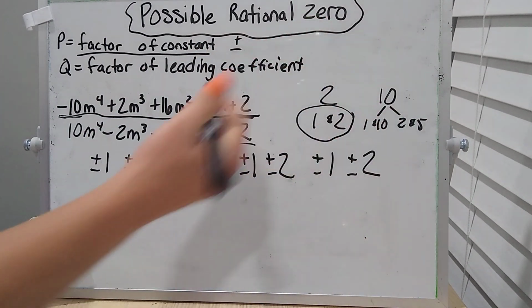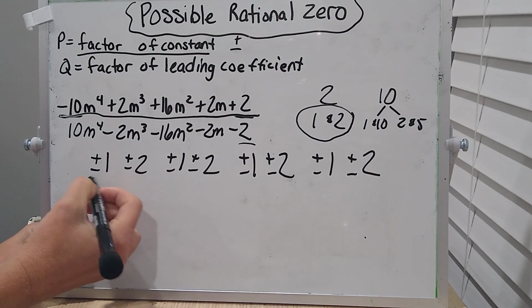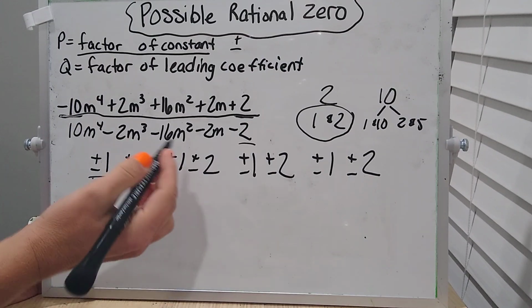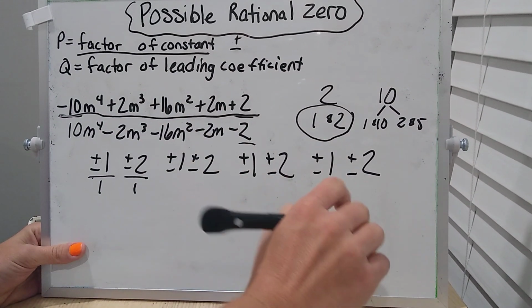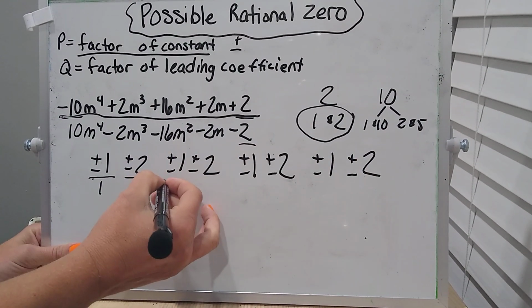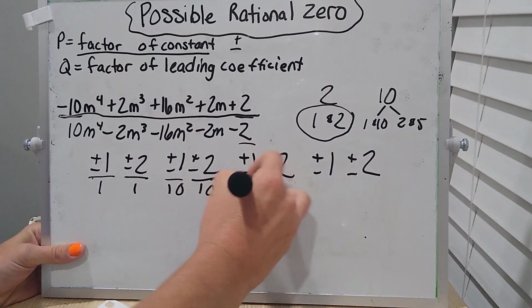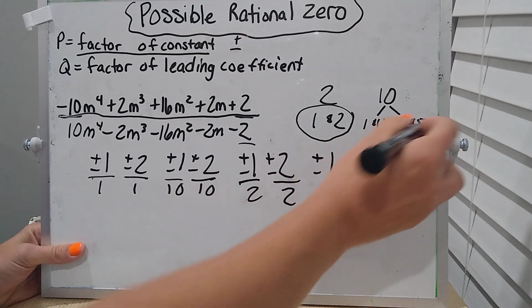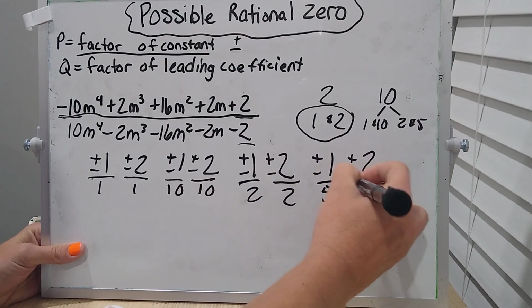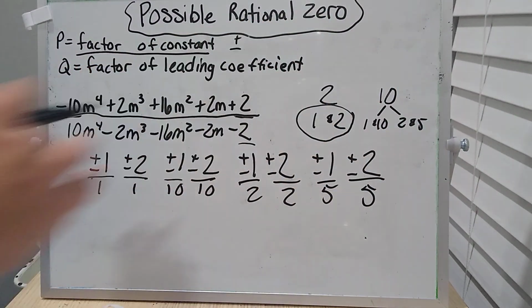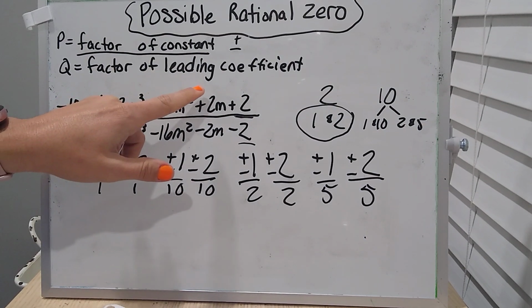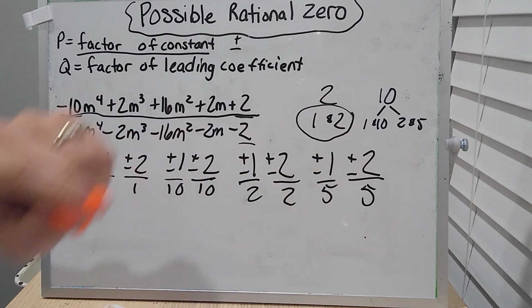Now, let's do 1. So anything over 1 essentially is itself, but we'll put it there for now anyways. Now let's do 10. There's our set. 2. And 5. Now we're going to simplify. Oh, another thing also, your leading coefficient, we're always going to set it to positive.